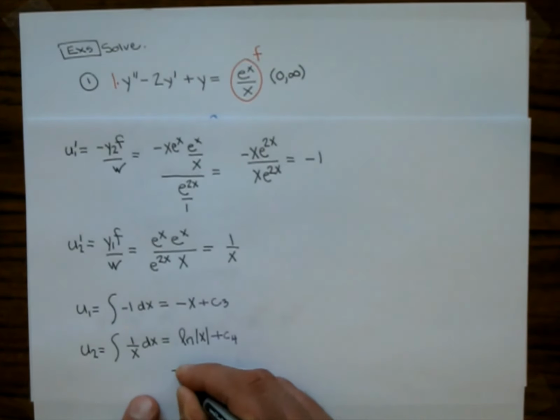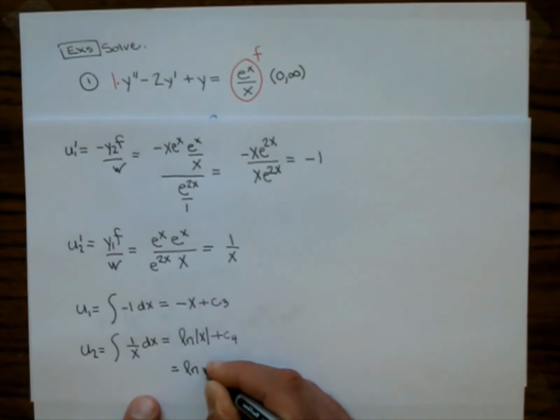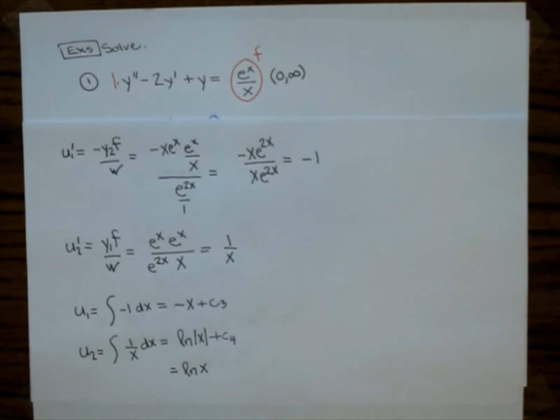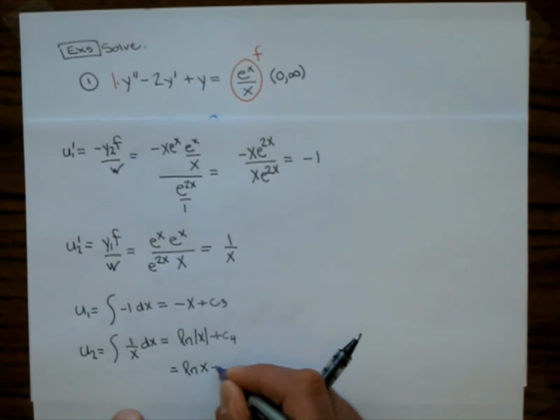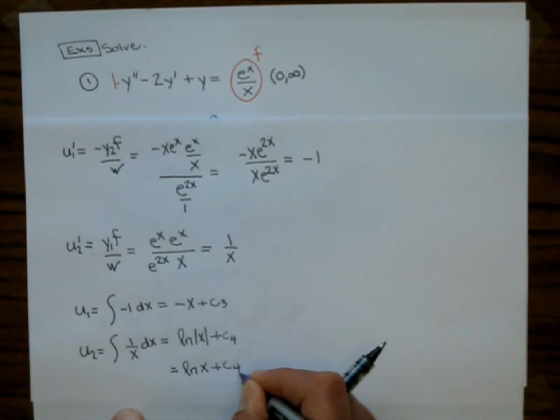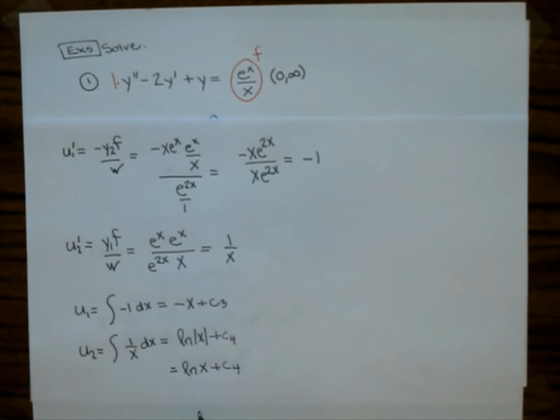I can write this as ln x plus C4. I'm going to keep changing the colors here, plus C4. Okay, so that gives me what I want. That is step 7, which could be the hardest step, depending on what you have to integrate.